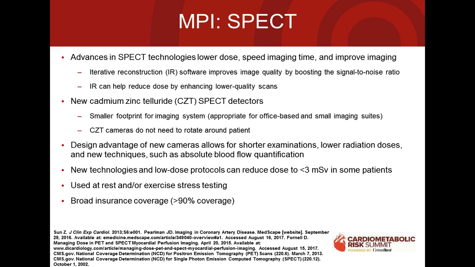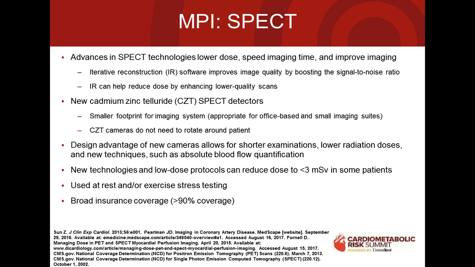So the exciting stuff that's been going on in SPECT over the last several years is that we have newer software, we have newer equipment, we have newer detectors, and all of these things are helping to make the test a more efficient test. It's not really doing much to improve the accuracy, but it is making the test either faster or lower radiation, or, depending on what lab you refer to, some combination of the both.